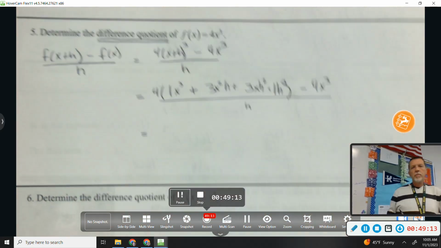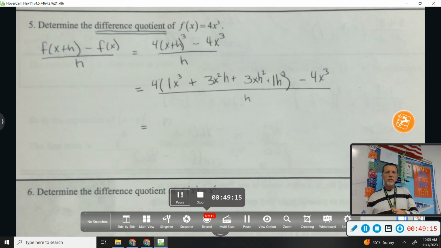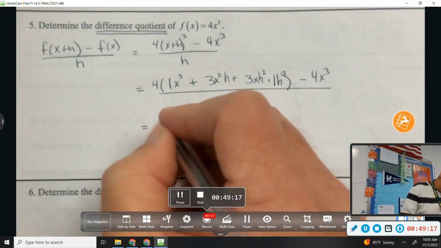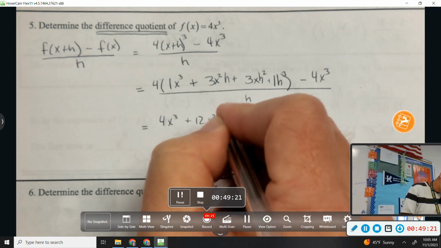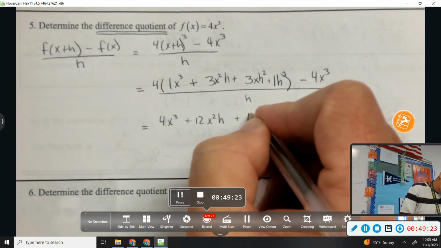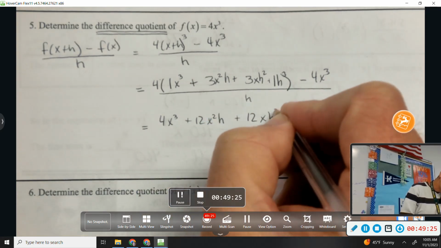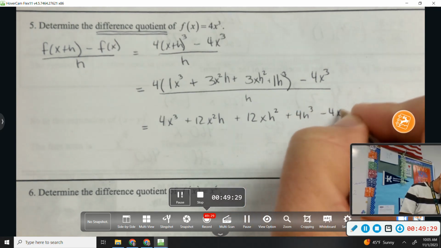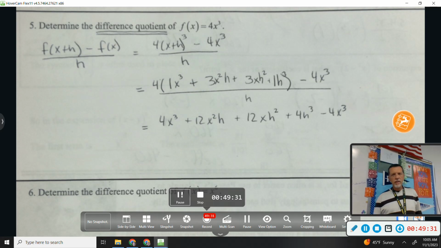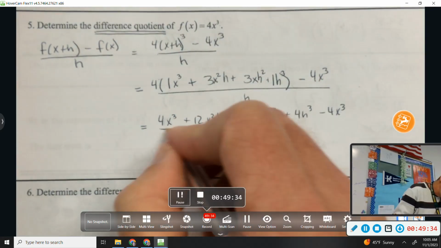Okay, home free now. Distribute the 4. So 4x cubed plus 12x squared h plus 12xh squared plus 4h cubed minus 4x cubed all over h.